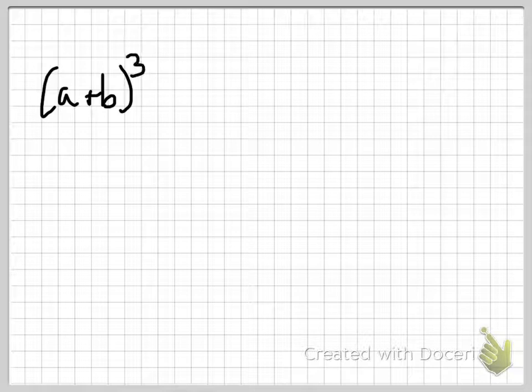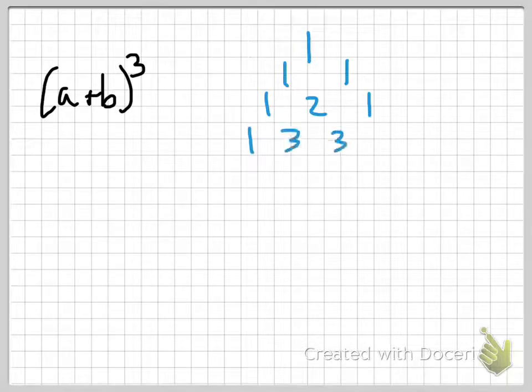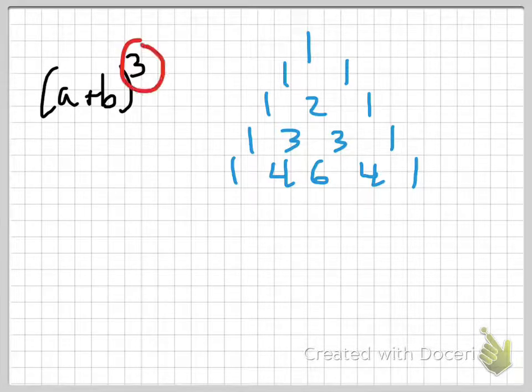If I have a plus b to the third power, remember the triangle looks like this: 1, 1, 1, 2, 1, 1, 3, 3, 1, 1, 4, 6, 4, 1. Each row of the triangle refers to a power. So when I'm talking about something to the third power, it refers to this row.